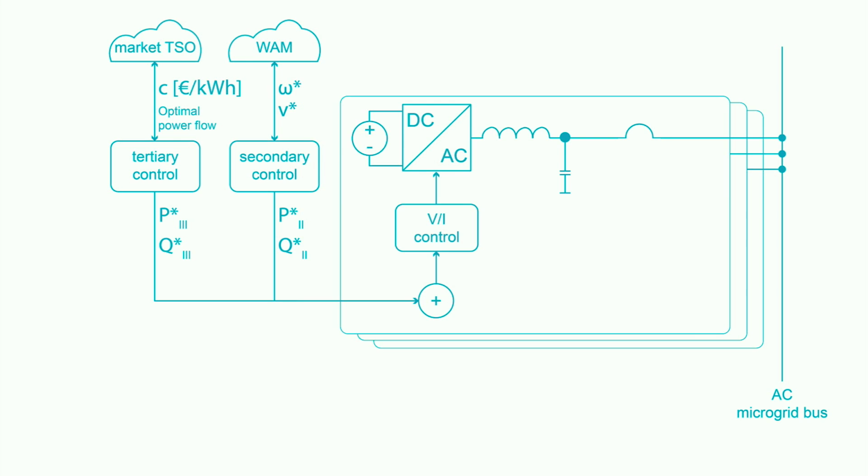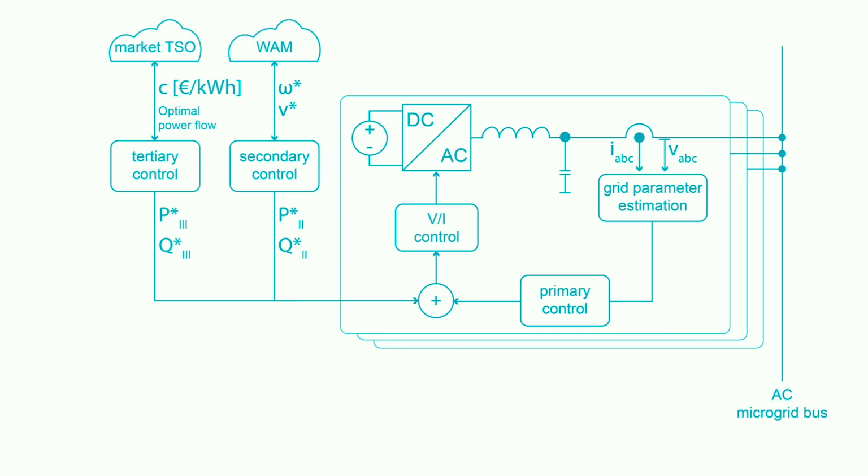At the lowest level, local control or primary control is implemented internally in a distributed generator in a decentralized fashion. Primary control is the main responsible for controlling active power and reactive power in microgrids. The values of three-phase currents and voltages are retrieved from the grid and sent to the controller.